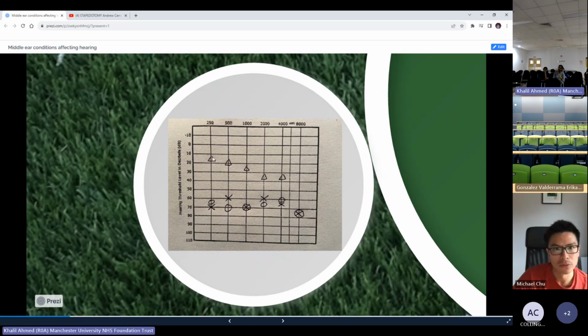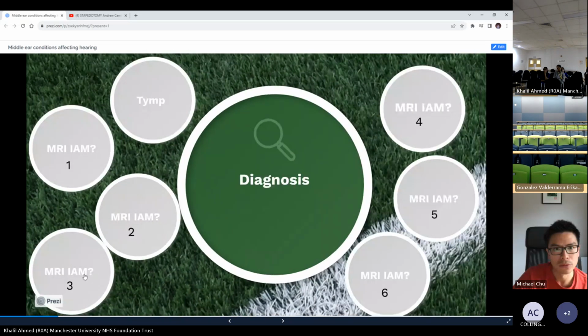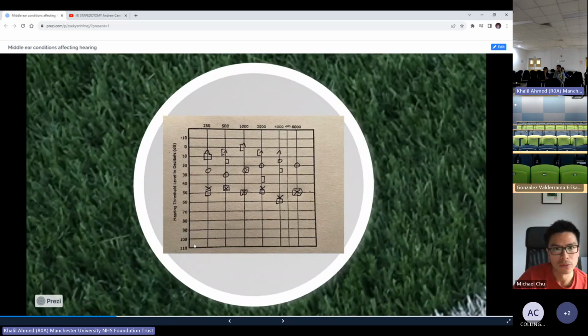And you might get the square brackets where the triangles were on both sides if it's symmetrical bilateral conductive loss. Or you might get the square brackets lower down if one of them is sensorineural. Yeah, big difference. In that case, they would need an MRI. Ah, now you're going to be able to answer this question.